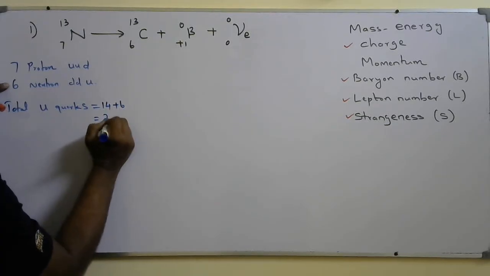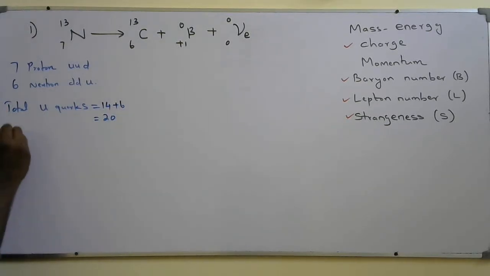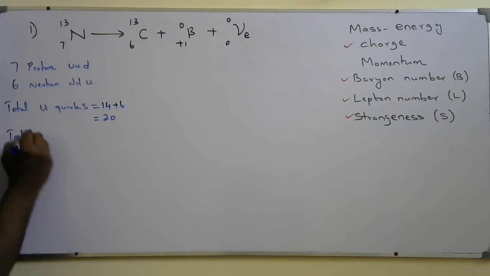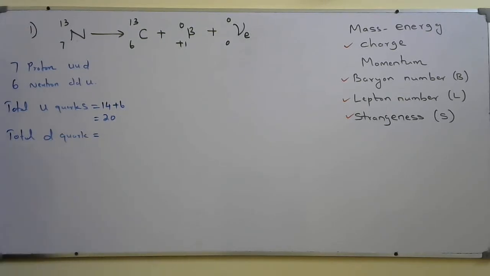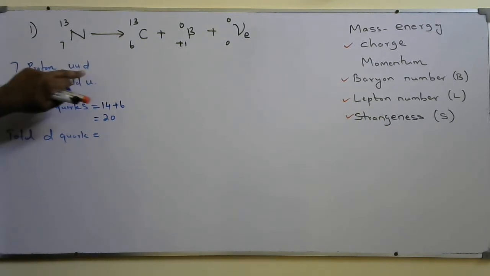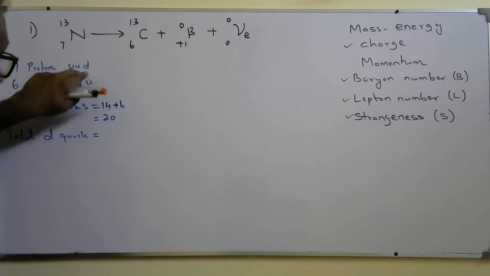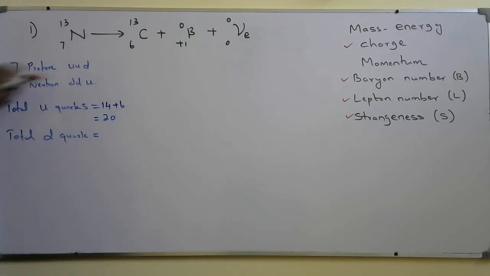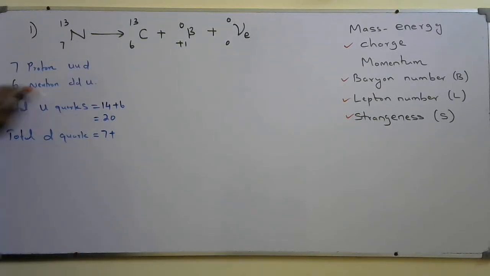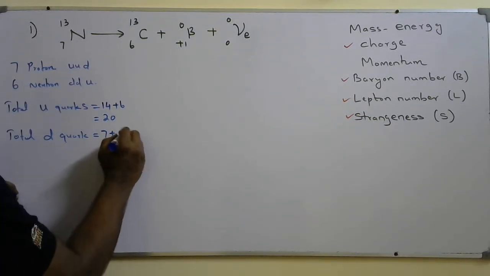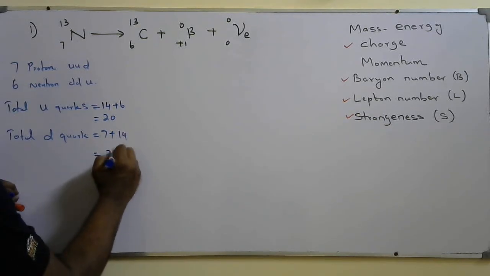So that is going to be 20 up quarks. Total down quarks, how much? 7 protons, each of them consists of 1 down quark. So 7 into 1, that is 7, plus 6 into 2, 14. How much is it? 21.